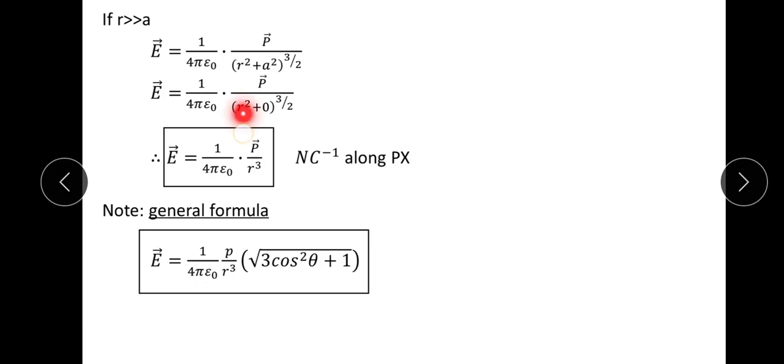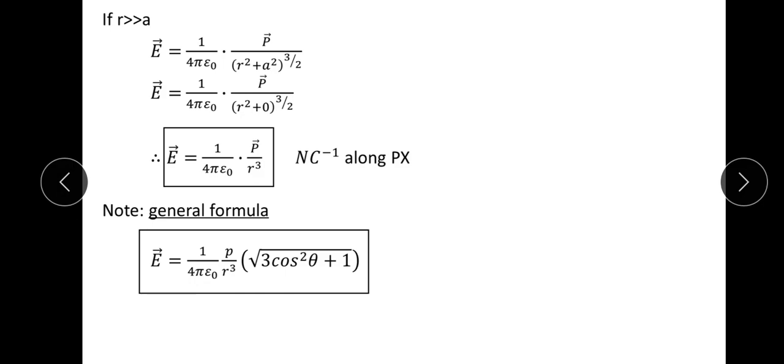So in the denominator we have r square to the power of 3 by 2. You can cancel the square and 1 by 2 here, so that in the denominator you have only r cube. So finally the equation becomes E is equal to 1 by 4 pi epsilon naught into p by r cube Newton per coulomb along px.